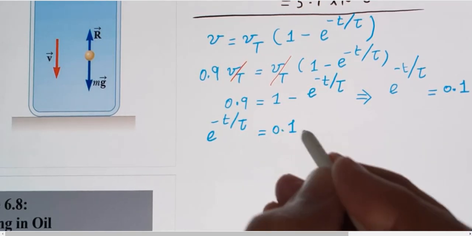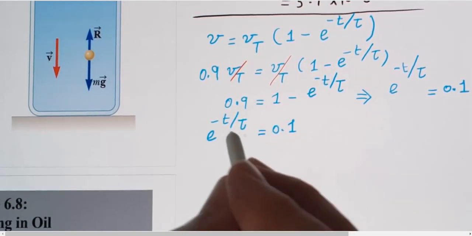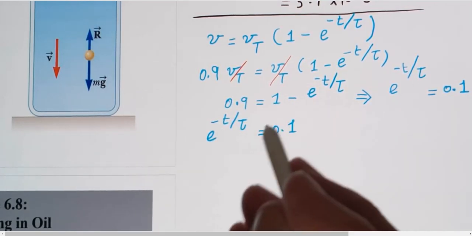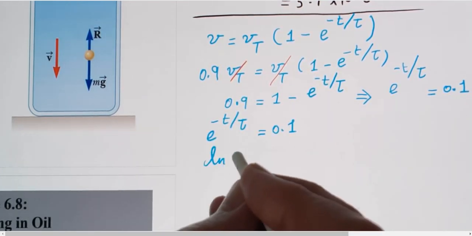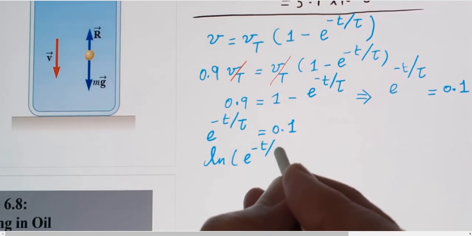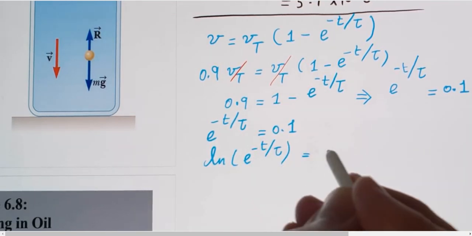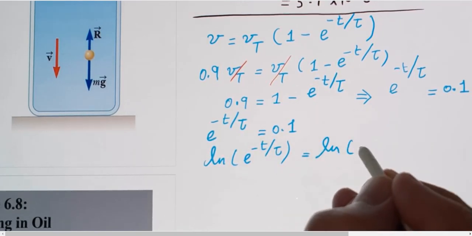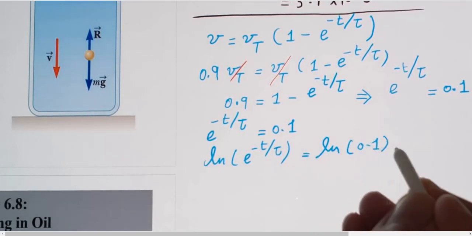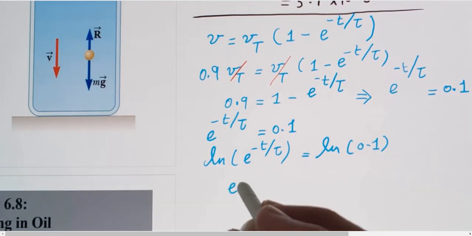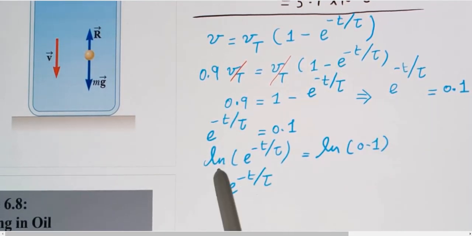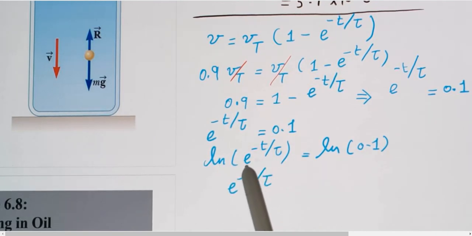Yalla, how to solve this? Well, we have to take ln for both sides. So ln e to the minus t over tau is equal ln 0.1. يعني ln of exponential, they will cancel each other.